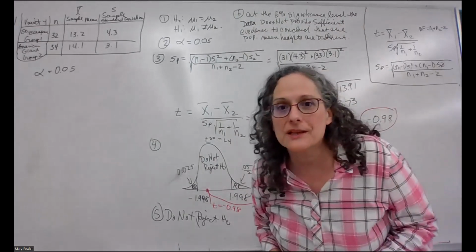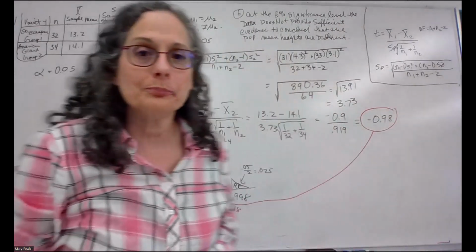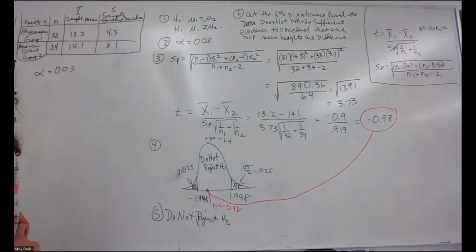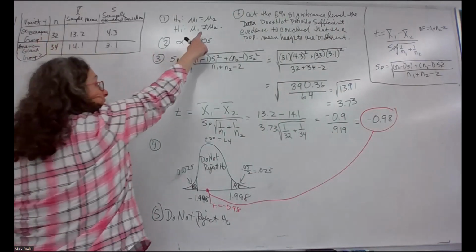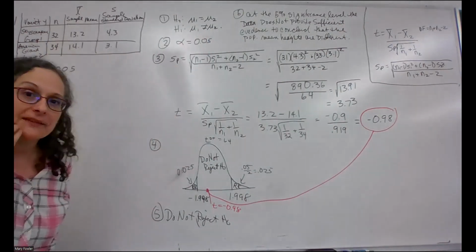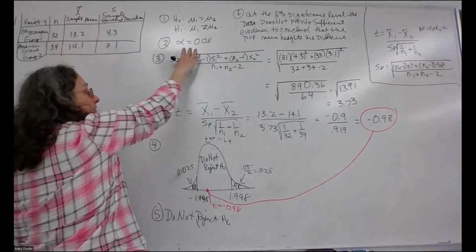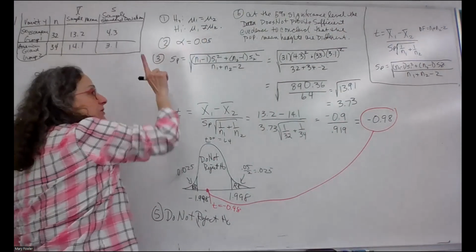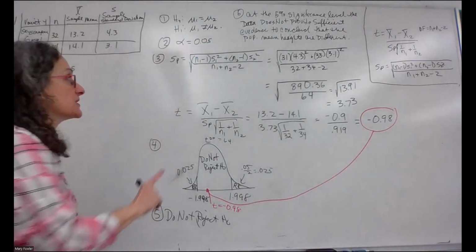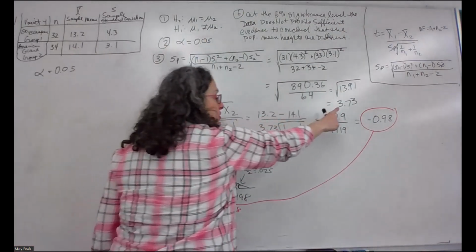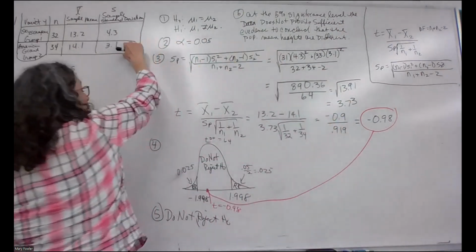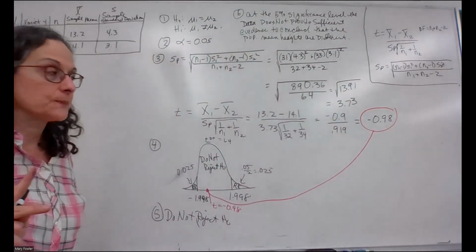Okay, let's take a moment and just review. Group 1 and group 2. The keyword was differs, so that's our alternative hypothesis. Significance level was given, and the strategy for calculation is calculate the pooled standard deviation and check that it's between the two standard deviations.